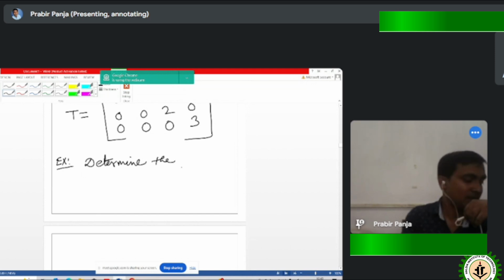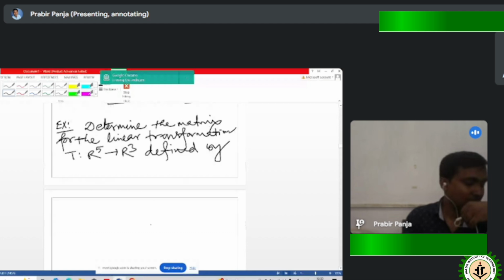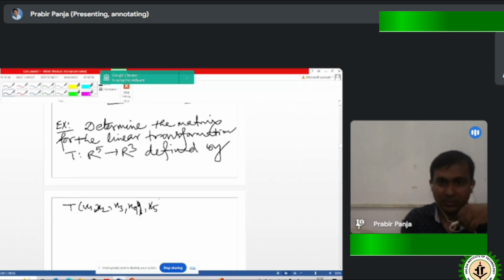Determine the matrix for the linear transformation T from R5 to R3 defined by T of x1 x2 x3 x4 x5 equal to x2 x3 x4.